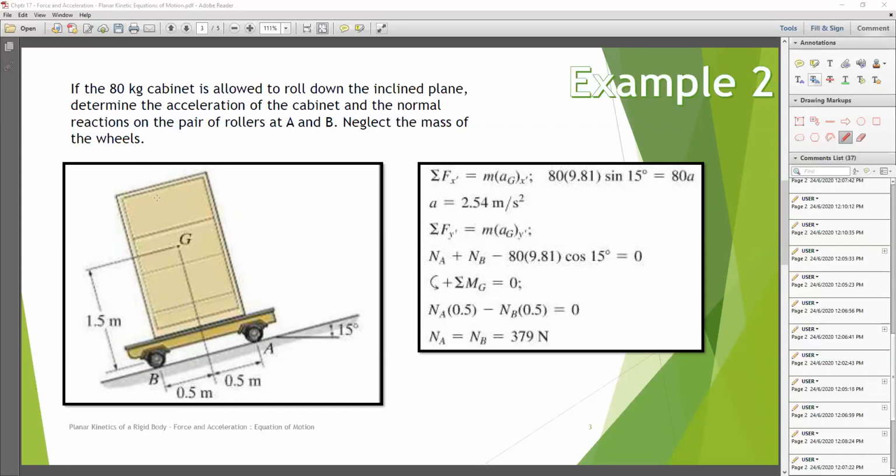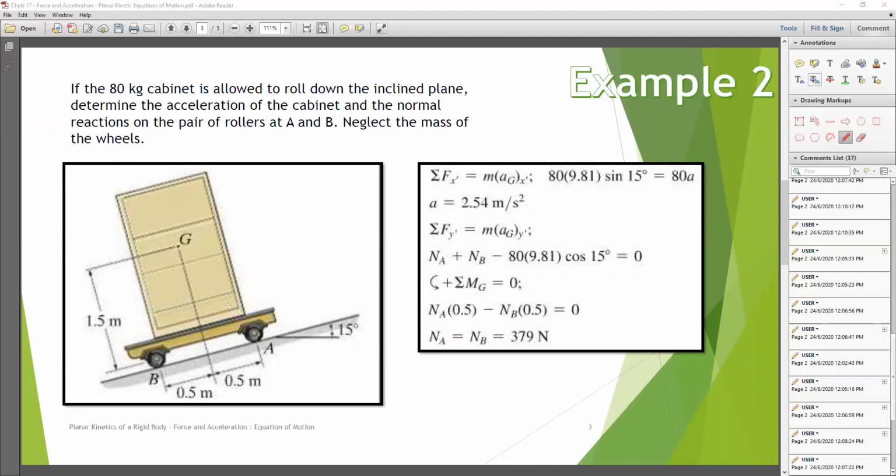is 80 kilograms, and this whole chart or the cabinet together is allowed to roll down this inclined plane, and we need to determine the acceleration of the cabinet as well as the reactions on the pair of rollers at A and B. To simplify our problems, we neglect the mass of the wheels for now.